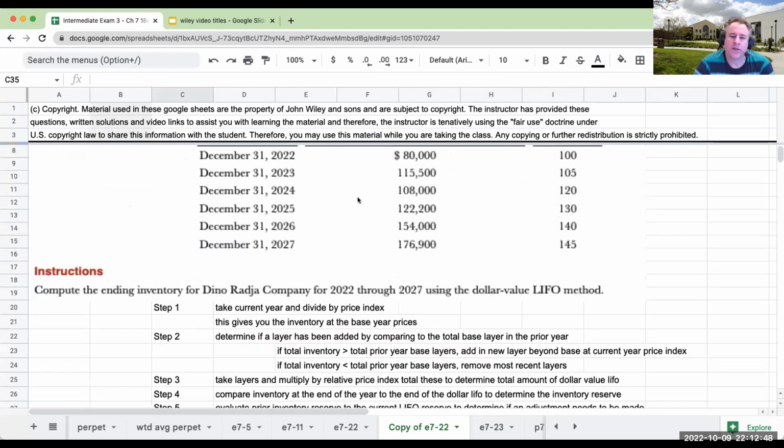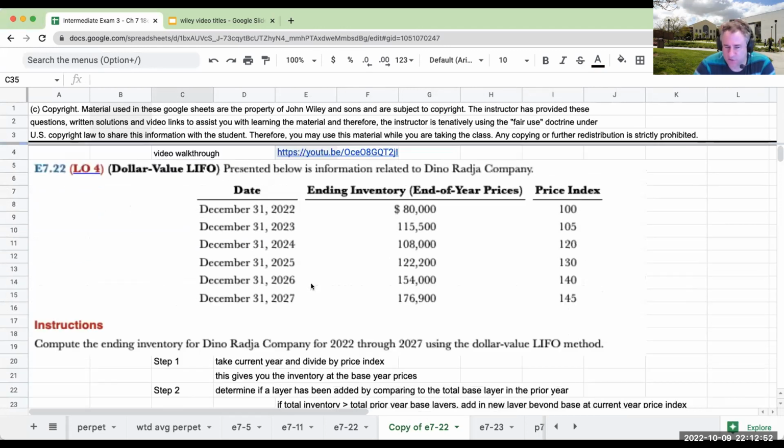So in year 2, as of December 31st, 2023, my ending inventory is now 115,500. However, the price index compared to the prior year is now at 105, or 5% higher. Does that sound like something that's happened recently? Well, here we go.